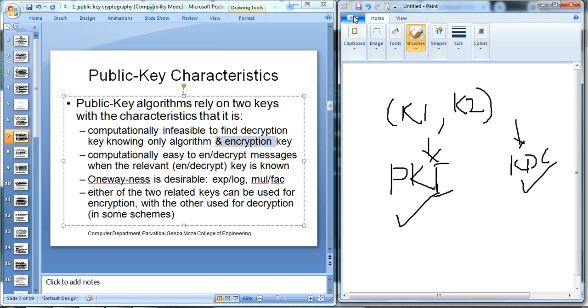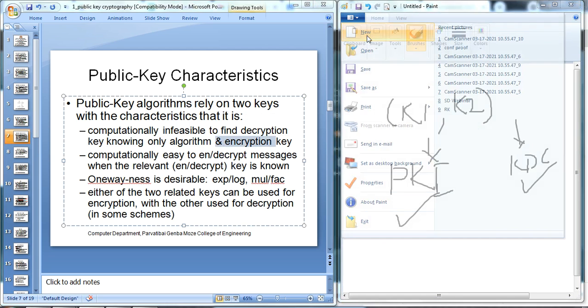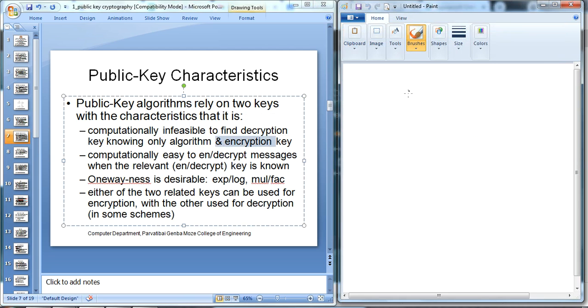The decryption key cannot easily be obtained, because the secret key or decryption key is kept securely with the user and is not available publicly. That's why it's related only to the particular user.